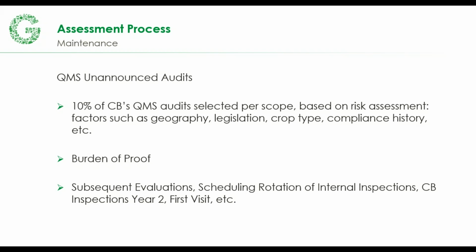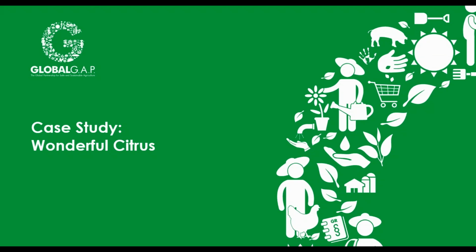Burden of proof means keeping your certification requirements up all year and having information or records available about any of your activities just in case something happens, and making sure you're keeping your schedule for the rotation of internal inspections, etc.